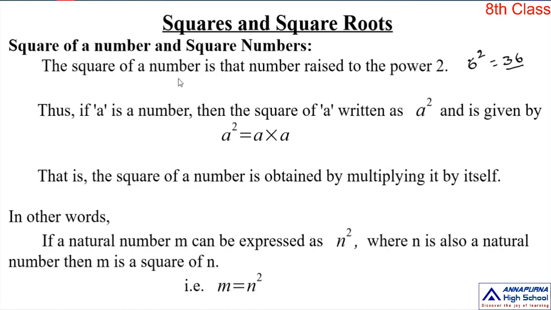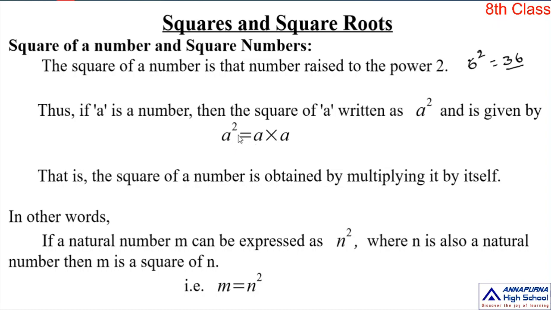The square of a number is that number raised to the power of 2. Symbolically, if a is a number, then the square of a is written as a square, that is a raised to the power 2, and it is given by a square is equal to a into a.